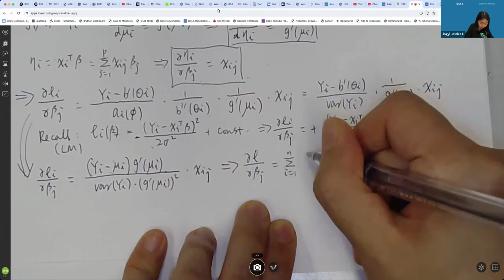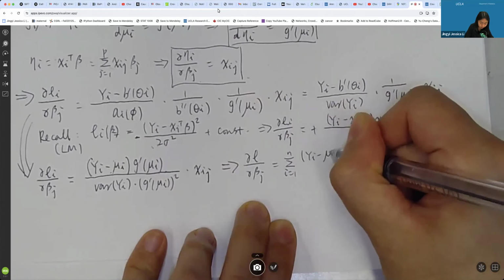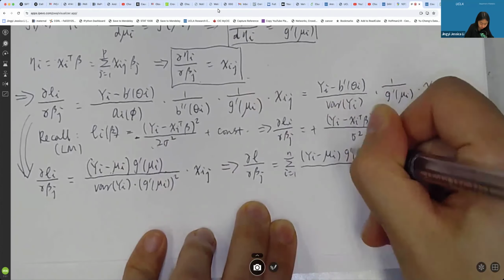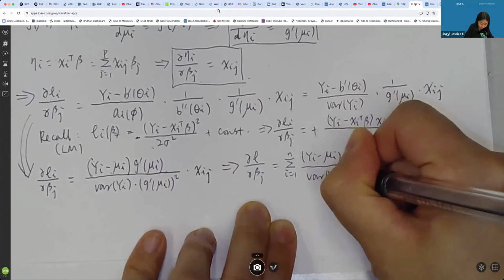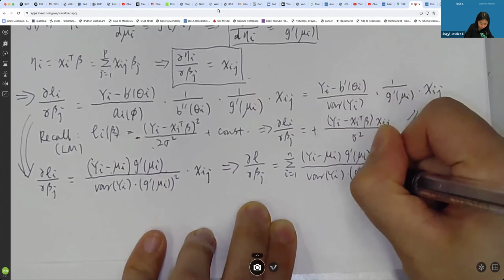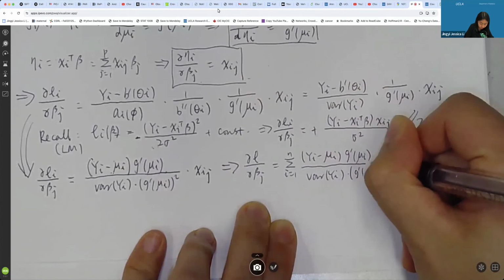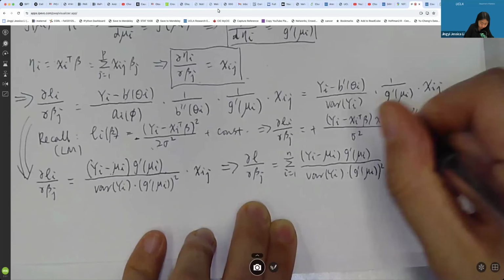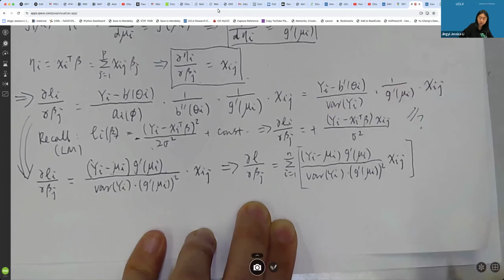Sum over i from 1 to m of yi minus mu i, g prime mu i, over variance of yi times g prime mu i squared, times xij. Okay, so this is the partial derivative I need in my gradient.